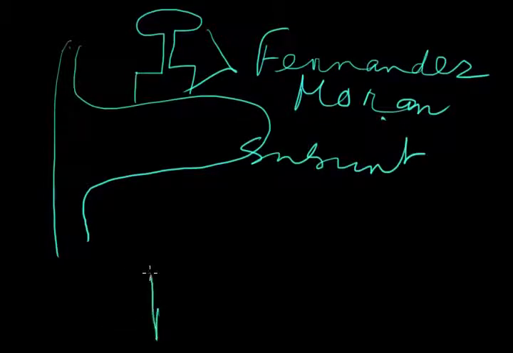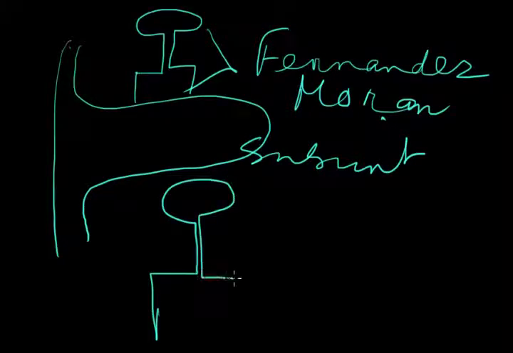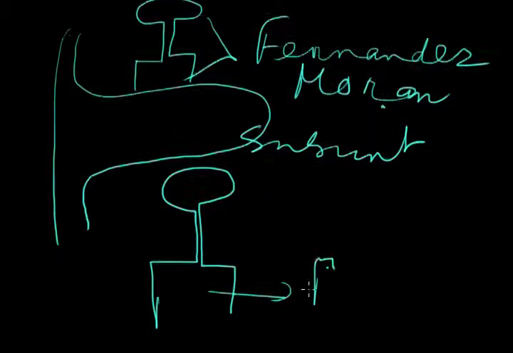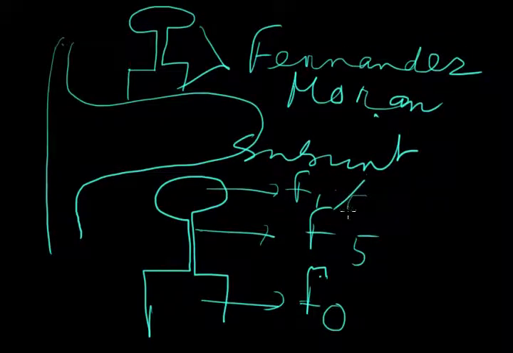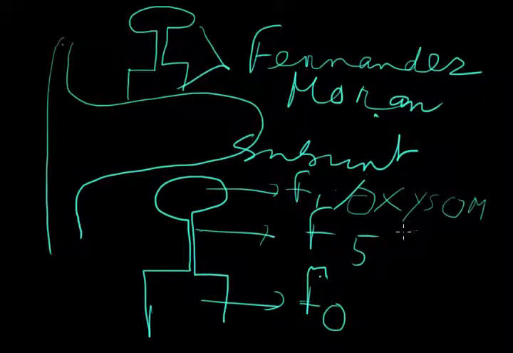Each Fernandez-Moran subunit is again divisible into three parts: F0, F5, and obviously the F1 particle or oxysome. The whole structure of mitochondria is very peculiar, and most eukaryotes possess it as far as energy generation in a cell is concerned.